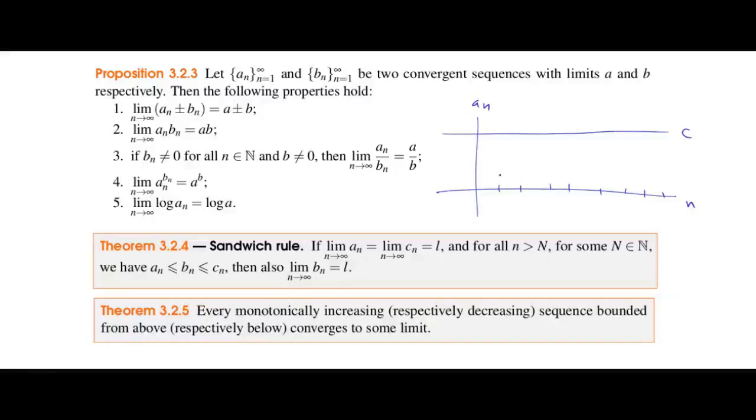We have something like this, and it's growing and growing, monotonically increasing. We know every term is going to be greater or equal than the one before. Well, if this sequence is bounded from above by any number, we can prove that it is going to converge to a limit.